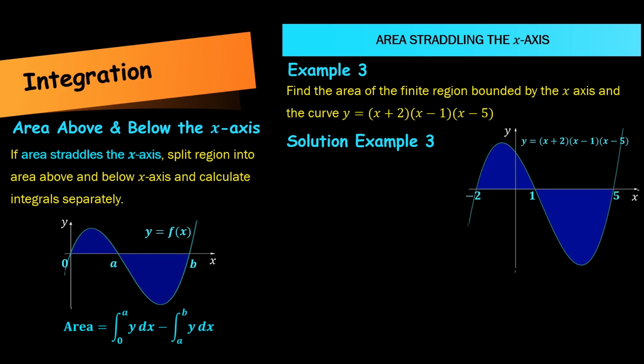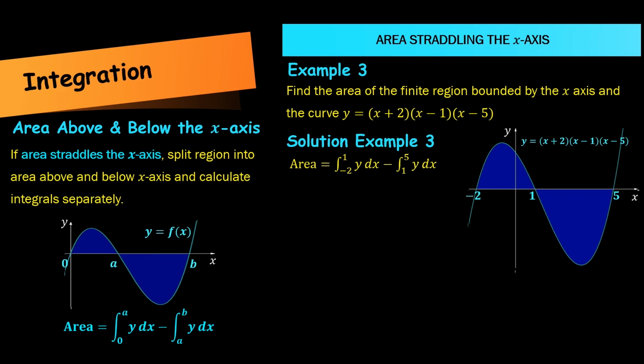The curve intersects the x-axis at the points x equals minus 2, x equals 1, and x equals 5. As you can see, the region between minus 2 and 1 is above the x-axis, and the region between 1 and 5 is below the x-axis.